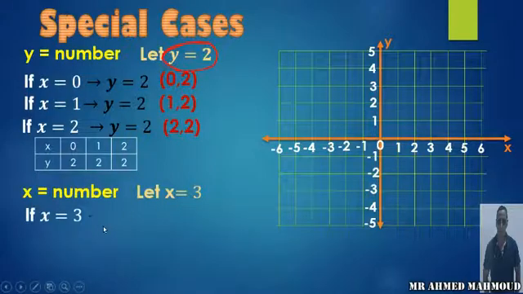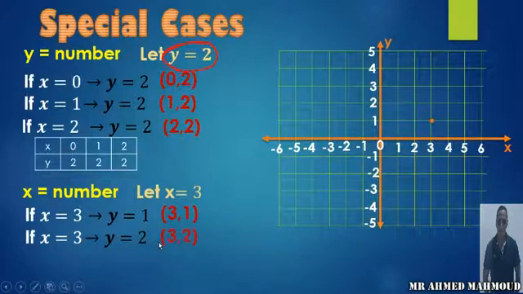X equals 3 at y equals 1, it will be (3, 1), represented here. Another example, x equals 3 at y equals 2, it will be (3, 2). Another example, if x equals 3, y may equal 3. It will be (3, 3), represented here.